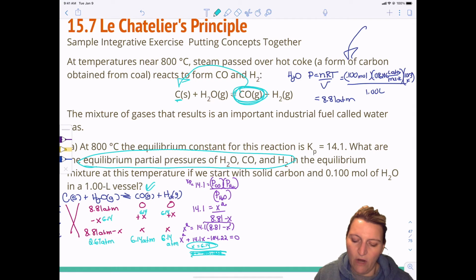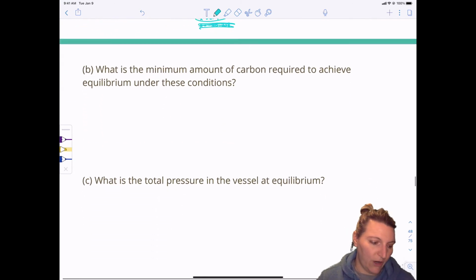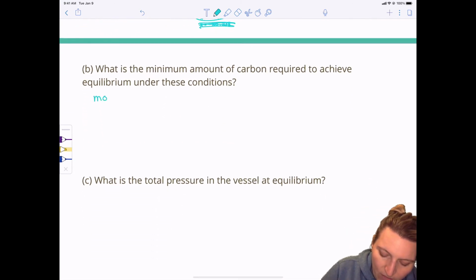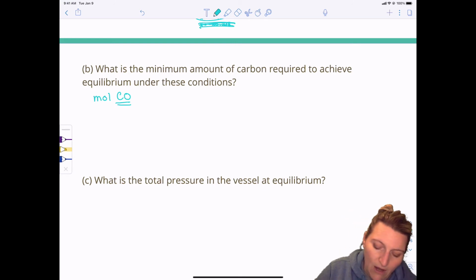The only place that this carbon comes from is that solid carbon. So if I could figure out how many moles of carbon monoxide are made, that's how many moles of carbon I must have needed to start with, because they have a 1-to-1 mole ratio. So really what I'm going to try and figure out is the moles of carbon monoxide.